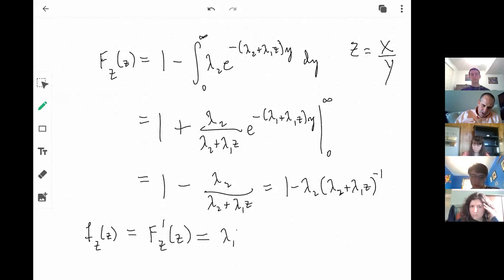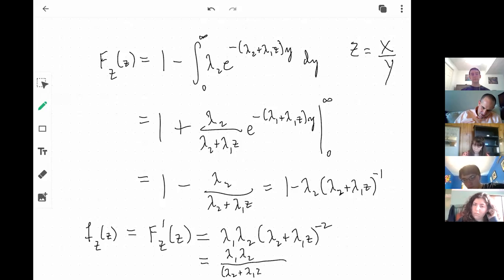It's going to be lambda 1, lambda 2 times lambda 2 plus lambda 1 z to the negative 2. Which is just lambda 1, lambda 2 over lambda 2 plus lambda 1 z, this thing squared. And this is for z greater than 0.